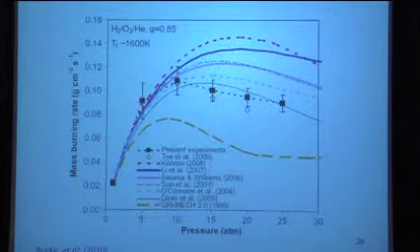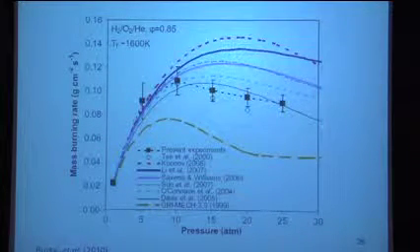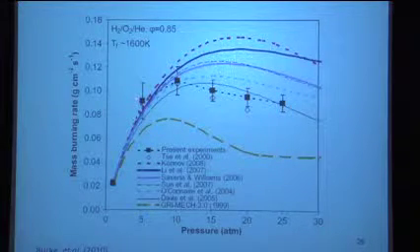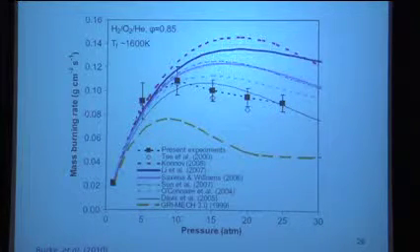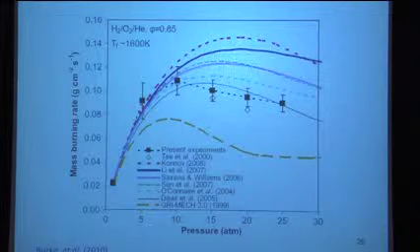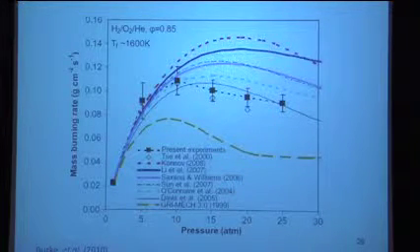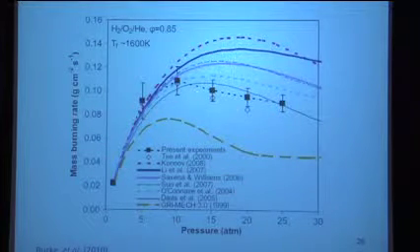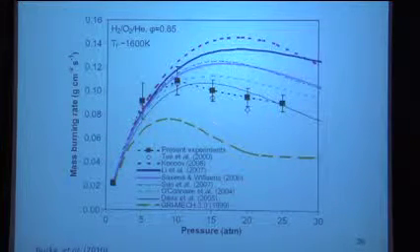Okay. Somewhat recently, the group here, Yu Guang Ju and Fred Dryer, made measurements of high pressure mass burning rate of hydrogen oxygen helium mixture. And those are those points. Okay. And somewhat earlier, there was a measurement by Professor Law here, those open symbols.